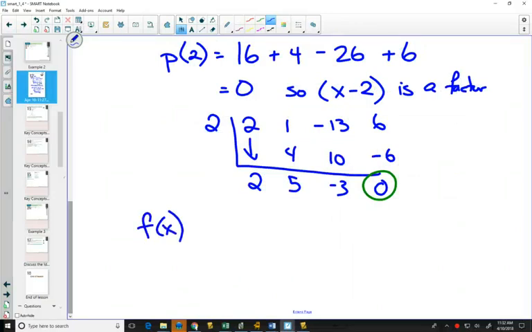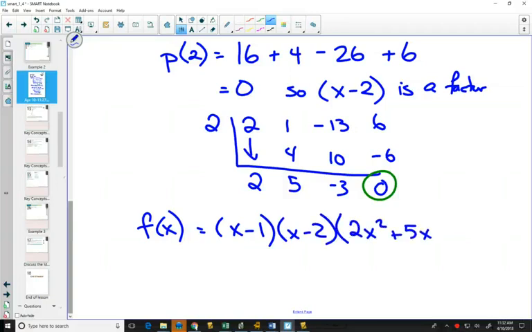I'm going to write it for f of x, not for p of x, because that was my original function. I had already figured out that x minus 1 was a factor, so that will stay there. And now I figured out that x minus 2 is a factor, and I'm left with 2x squared plus 5x minus 3.